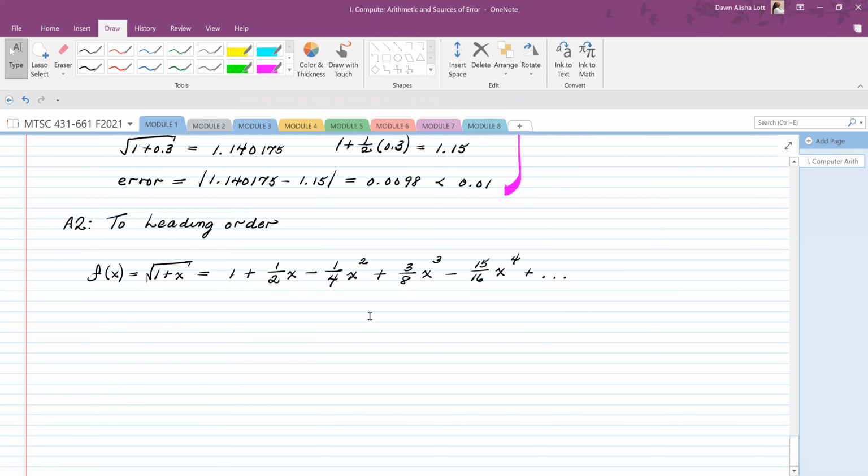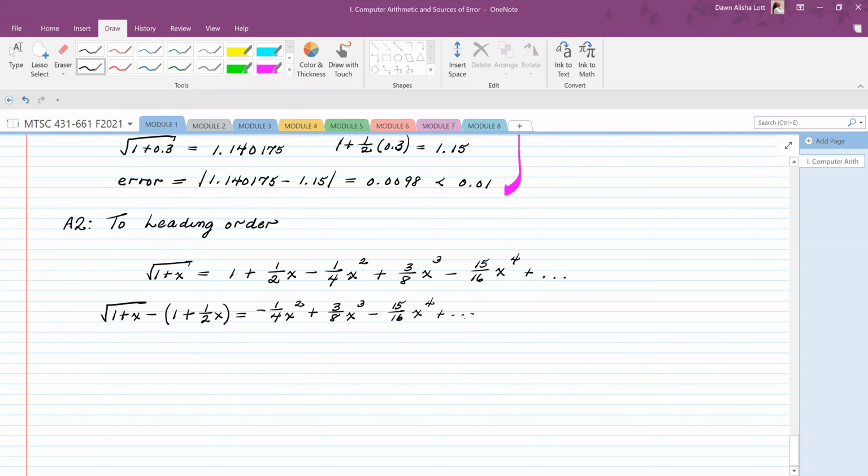So the square root of that is equal to that. Let's subtract off the first piece. So let's say the square root of 1 plus x, and we're going to subtract off the 1 plus a half x. When we subtract that off, it leaves minus 1/4 x squared plus 3/8 x cubed minus 15/16 x to the 4th plus dot, dot, dot.